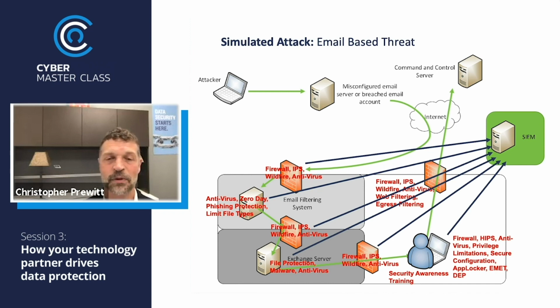From there, it passes through another next-gen firewall into your data center where your Exchange server lives. Your Exchange server email system also has some security technologies in it. File protection, again, is going to limit some of the types of files coming into it. It also has its own malware and antivirus capabilities.